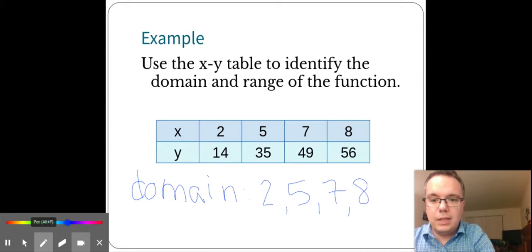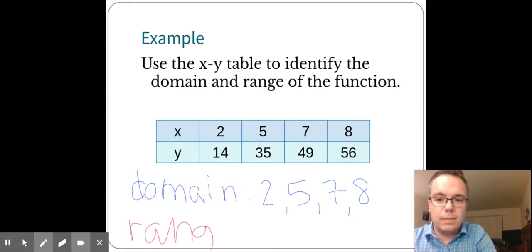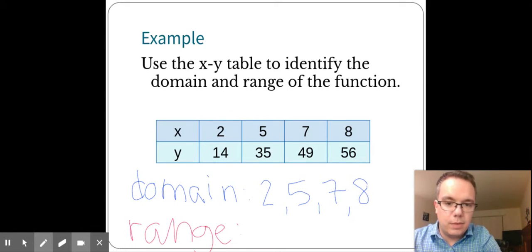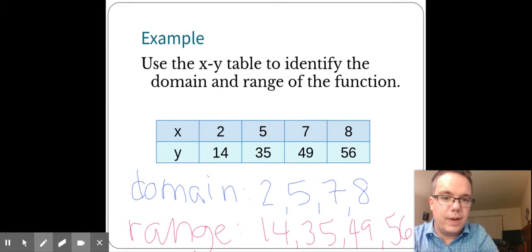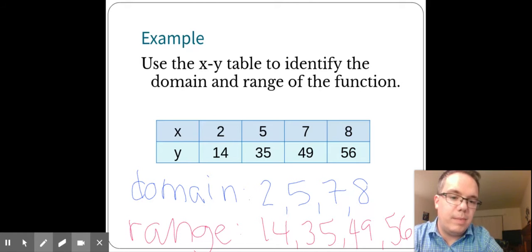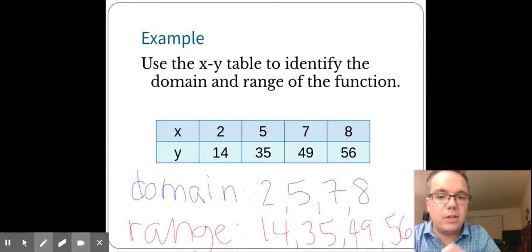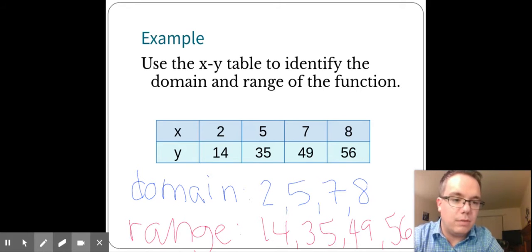And then our range is going to be what we get out, or our y's. So we get 14, 35, 49, and 56 out. So we put these numbers in, 2, 5, 7, and 8. Out pops 14, 35, 49, and 56. So what we put in is our domain. What we get out is our range.